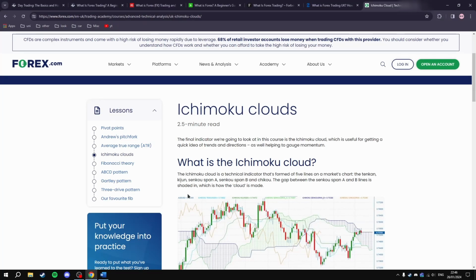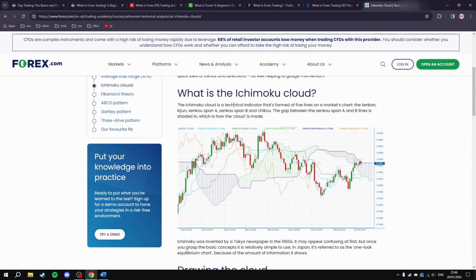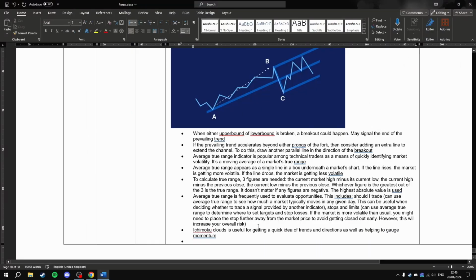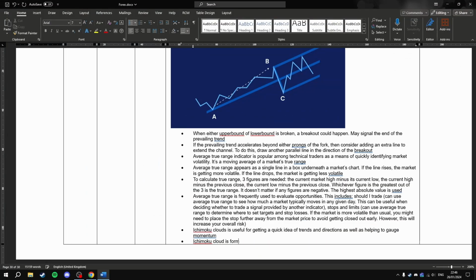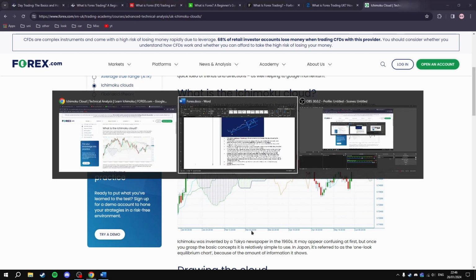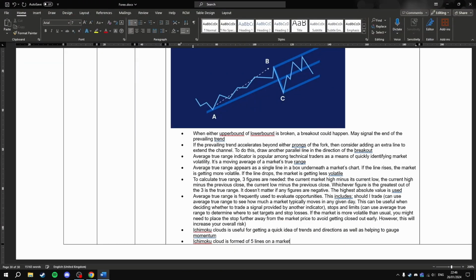What is the Ichimoku cloud? The Ichimoku cloud is a technical indicator that's formed of 5 lines on a market's chart.